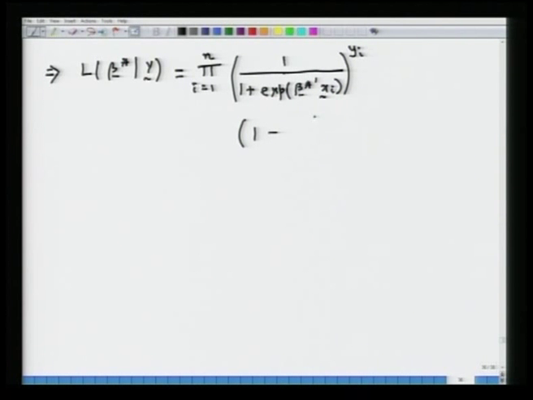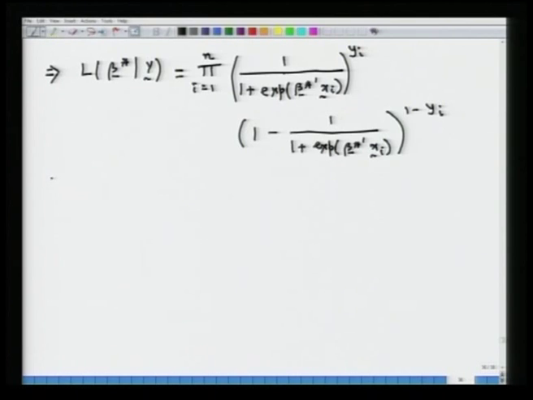So it is 1 minus 1 upon 1 plus e to the power of the same quantity, that to the power 1 minus y_i.